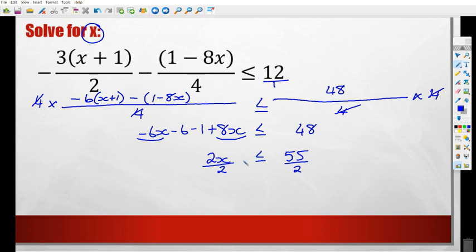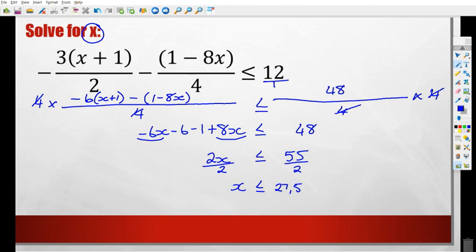When I'm dividing by a negative. Here I'm dividing by a positive, so I leave it the same direction. This is going to be x. What is 55 divided by 2? We've got 27,5. You can either use 55 over 2 if you like fractions, or use 27,5. It will look nicer on your number line.